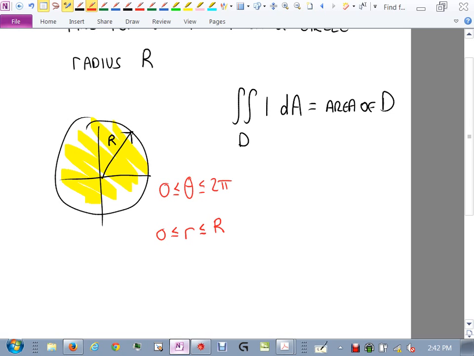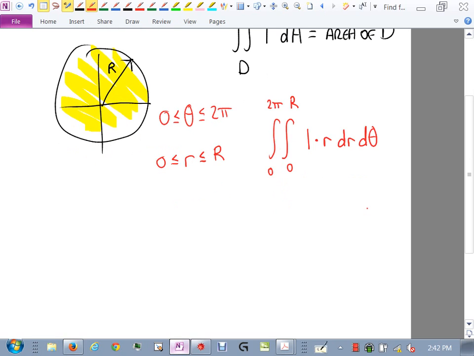Now I'm going to use a double integral to get the volume above that, but what I'm going to use is 1, right? So I'm going to have the double integral, 0 to 2 pi, 0 to capital R of 1 times r dr d theta. I had to include the r because of the polar.